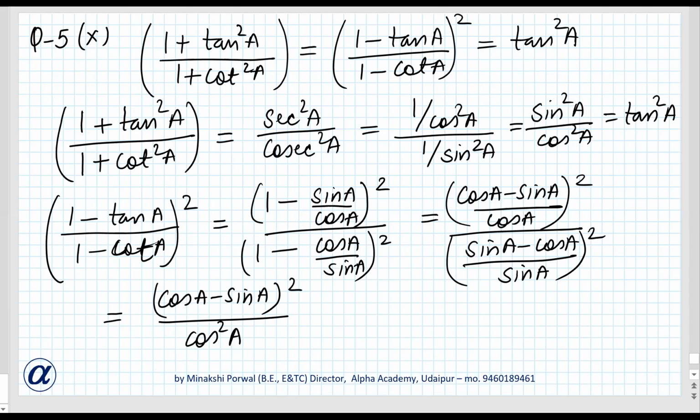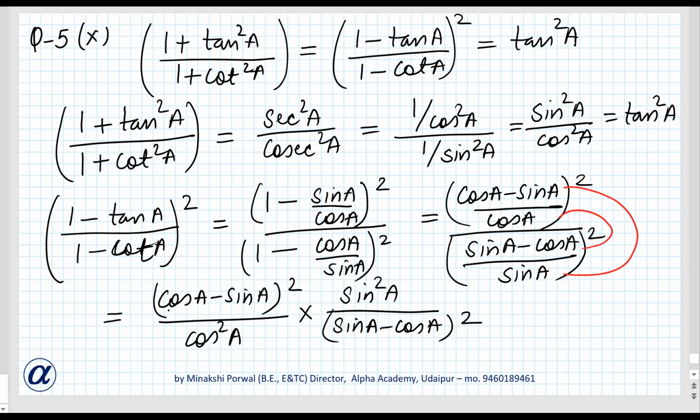Whenever we have this type of situation, the lowest term is multiplied with the top, so into this will be sin square a upon sin a minus cos a the whole square. Just now we have seen a minus b the whole square equals b minus a the whole square, so I can cancel this term and this term. So this is sin square a upon cos square a, that is also equal to tan square a.